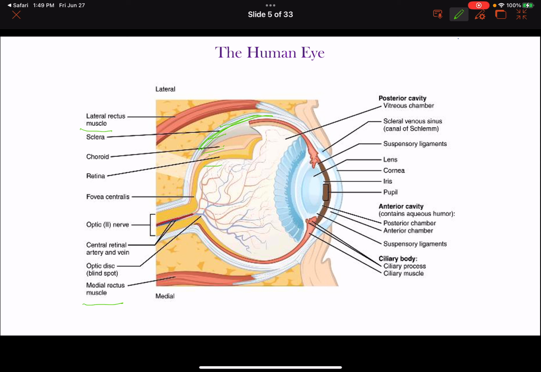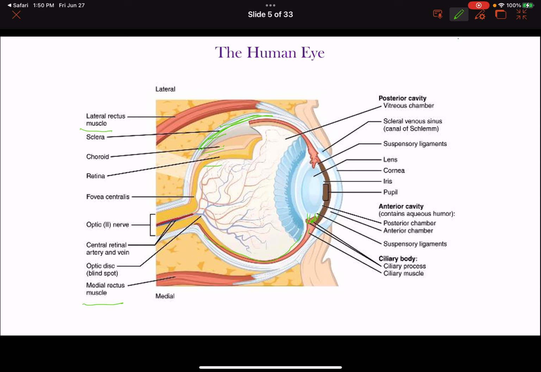This choroid on the posterior comes anteriorly, forming that ciliary body with the ciliary muscle, with the ciliary process, which is that ligaments I mentioned, the suspensory ligaments which are connected to the eye.